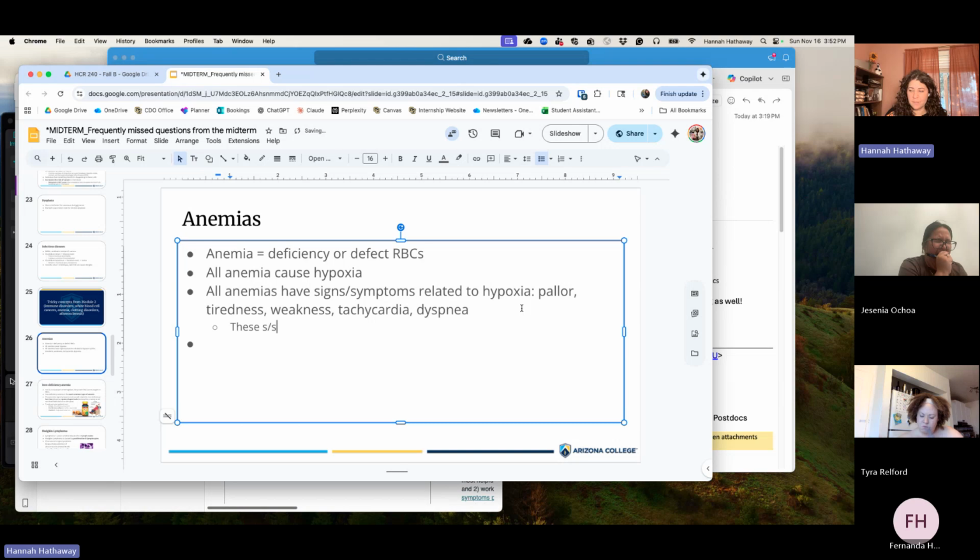So these signs or symptoms can point to anemia generally, but not a specific type of anemia. Instead, you should also know some of the specific signs and symptoms. Or I should say, this S+S means signs and symptoms.